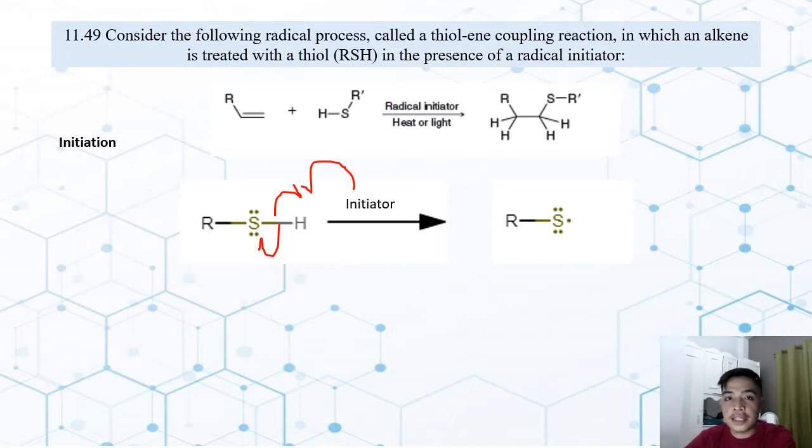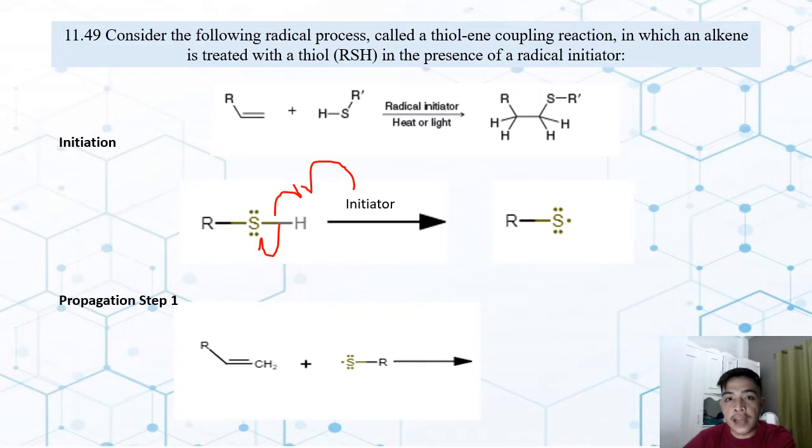For the second step, the reactive end of the chain adds to the alkene or to a pi bond, forming a larger free radical, called the chain propagation. For this step, the RS radical is added to the alkene or to the pi bond.